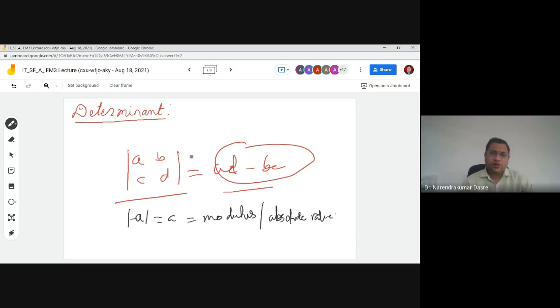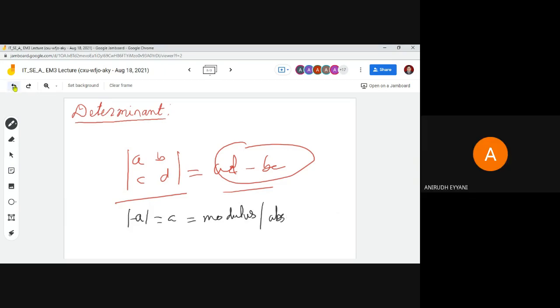Determinant is not the absolute value. Determinant can be positive, negative, zero also. So we cannot say that it is going to be the modulus.